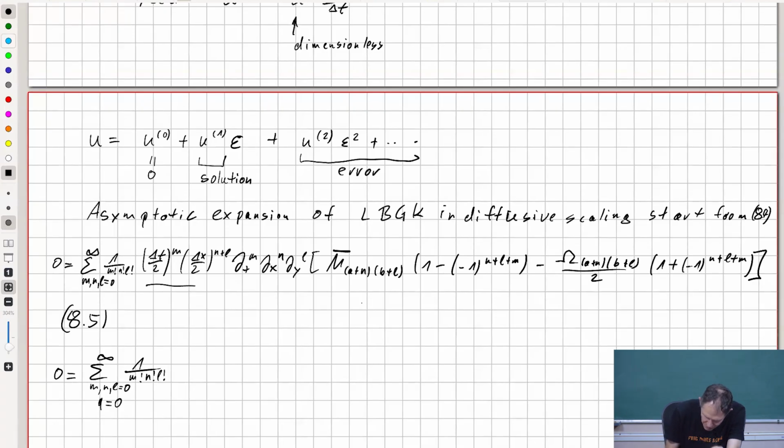Now first, we have to deal with this part here, where we have the delta t to the power of m and delta x to the power of m.